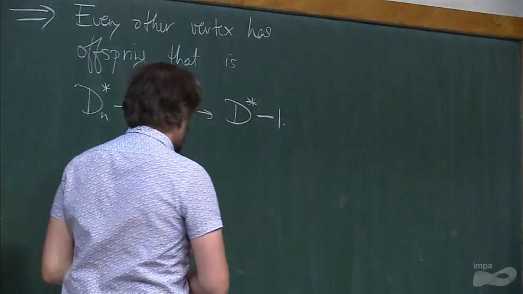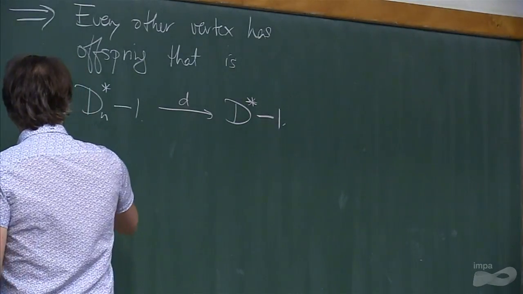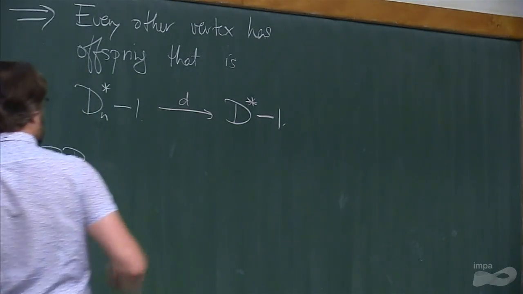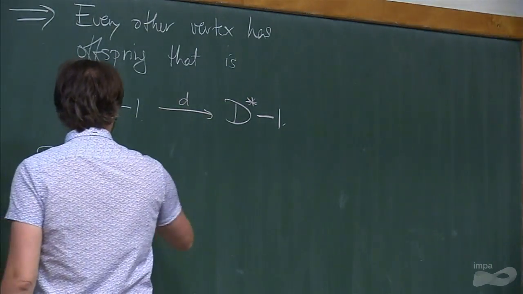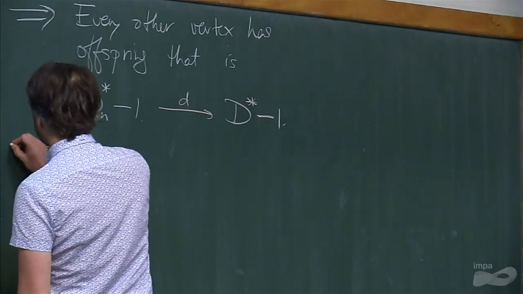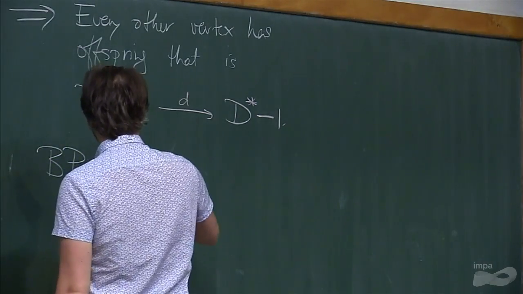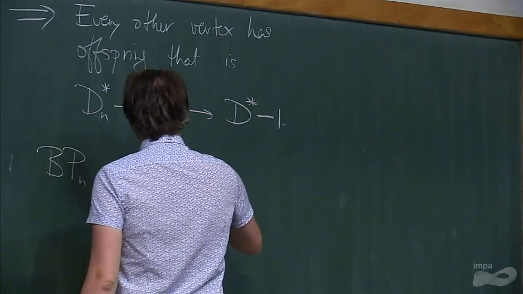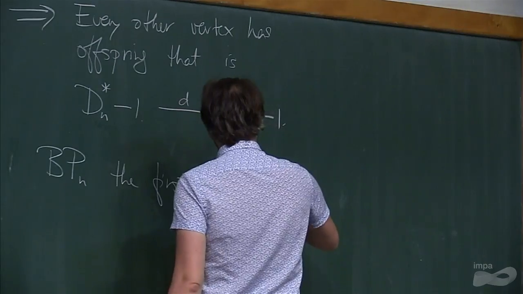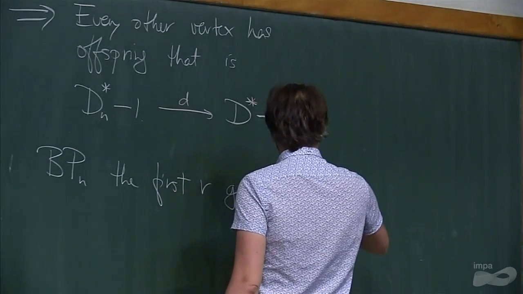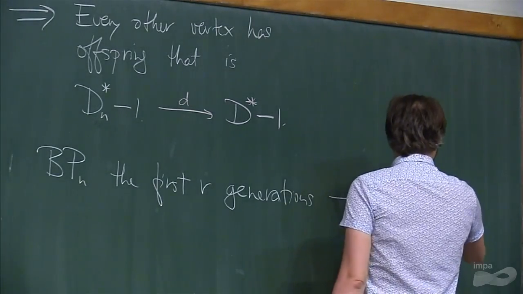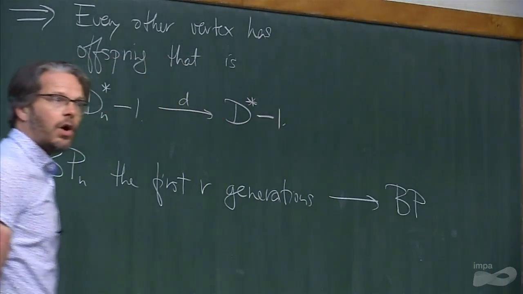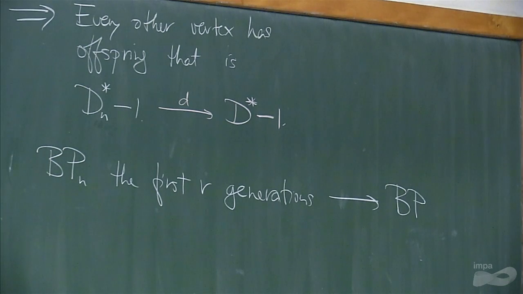So that actually shows that if I look at the branching process of size n, and then the first r generations of this, which is going to be a finite number, will also converge to the first r generations of this limiting branching process.